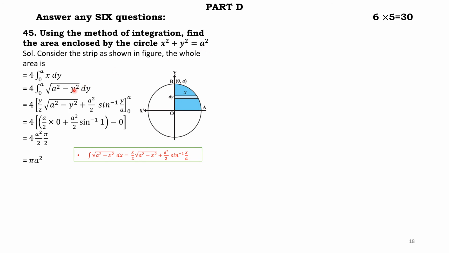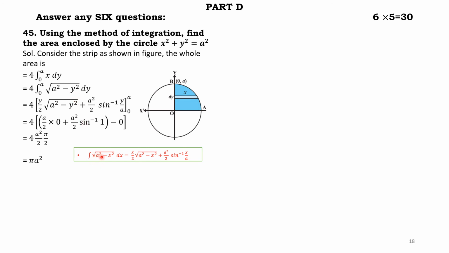We substitute the value of x from the equation of circle, so it is square root of a square minus y square into dy.